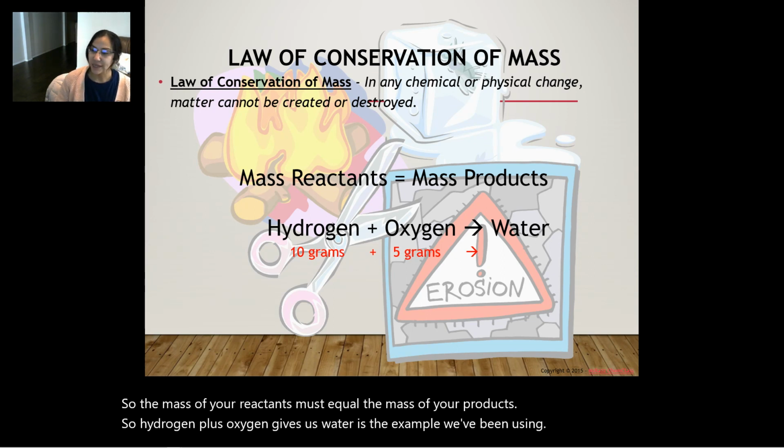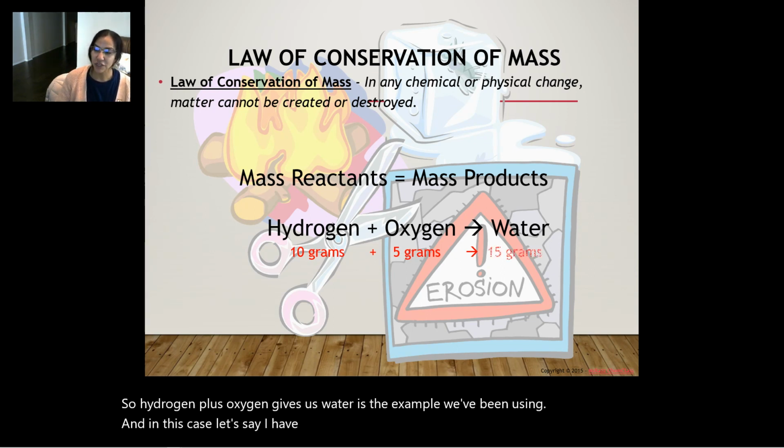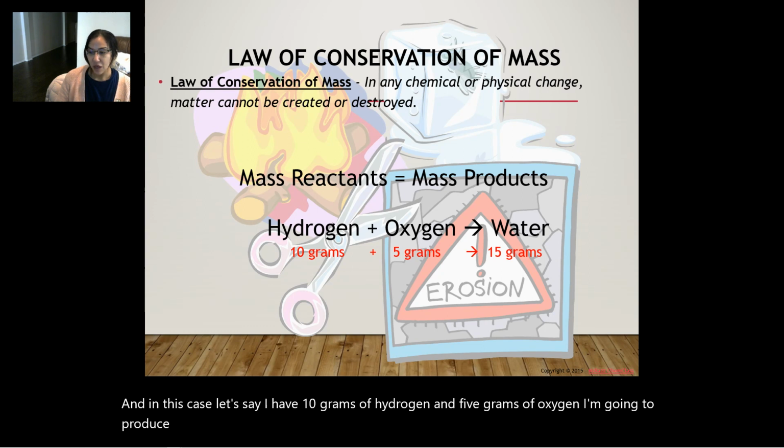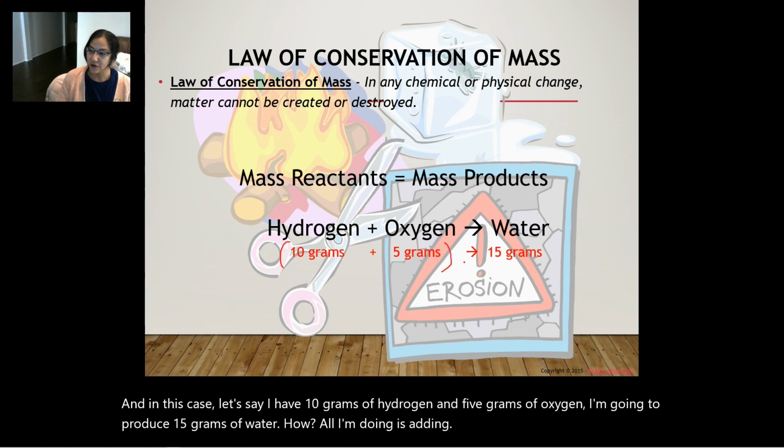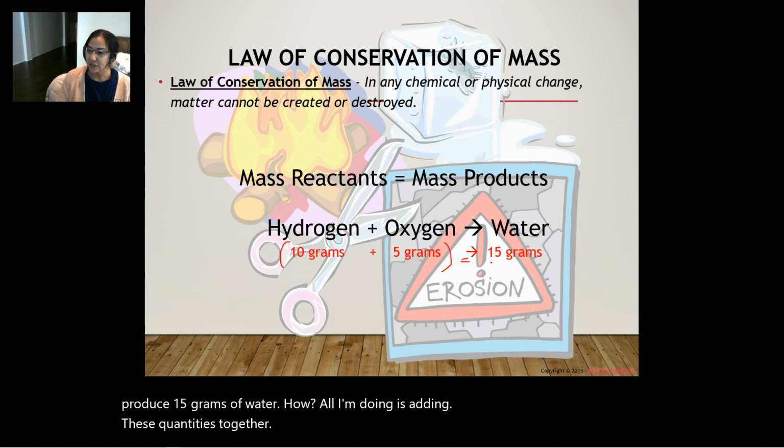And in this case, let's say I have 10 grams of hydrogen and 5 grams of oxygen. I'm going to produce 15 grams of water. How? All I'm doing is adding these quantities together to get the total from my product.